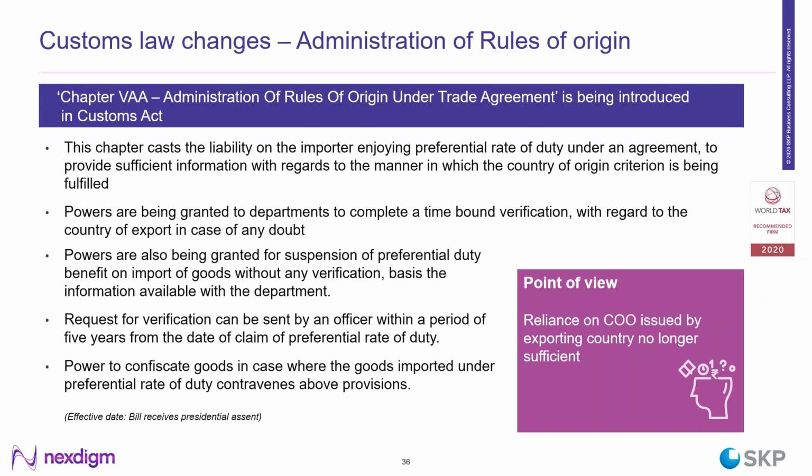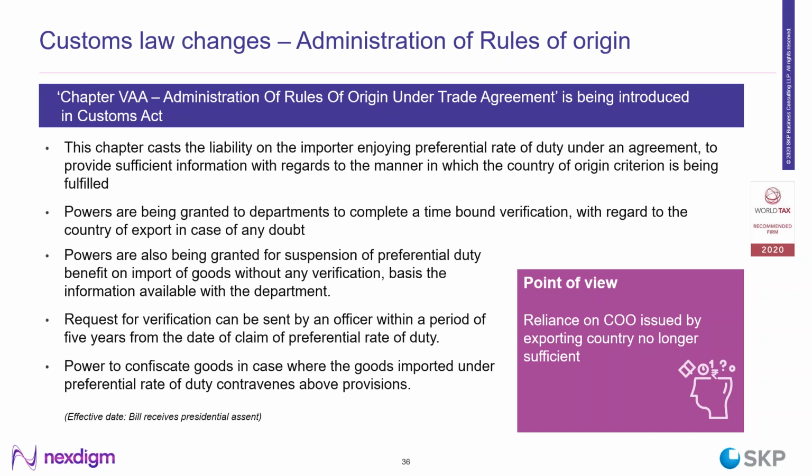The government has now sought to correct this lacuna, or we can also see this as a move to now go aggressively after such concessions and make the importer liable to furnish information as to the correctness of the origin criteria. So the government will now increasingly start questioning the importers themselves to furnish proper information and to evidence that the origin criteria has been really satisfied before granting any customs concessions.